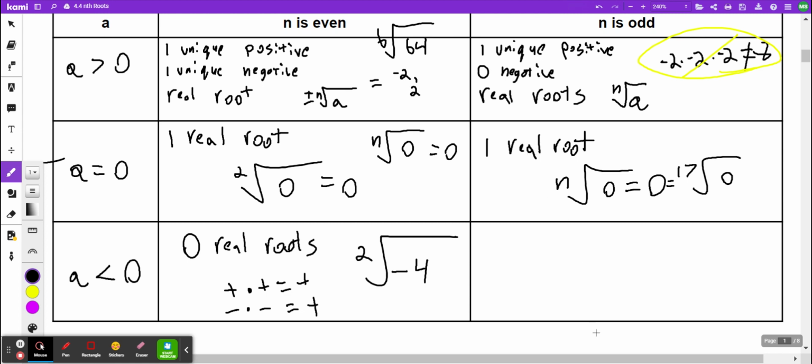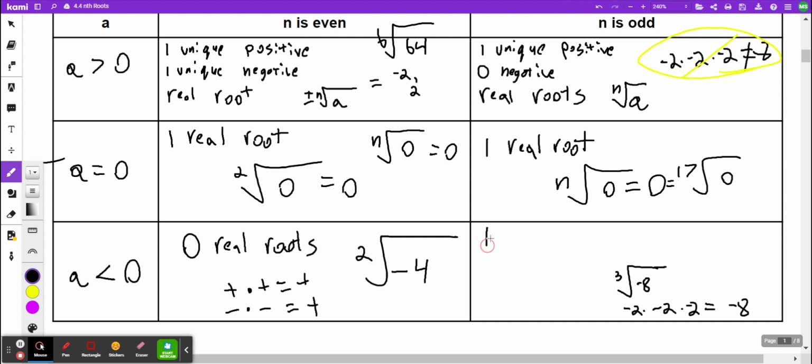Now, if n is odd, then if we have negative 8, for example, what times what times what equals negative 8? Negative 2 times negative 2 times negative 2 will equal negative 8. So in this case, if we have a negative 8 here, then we can get an answer.